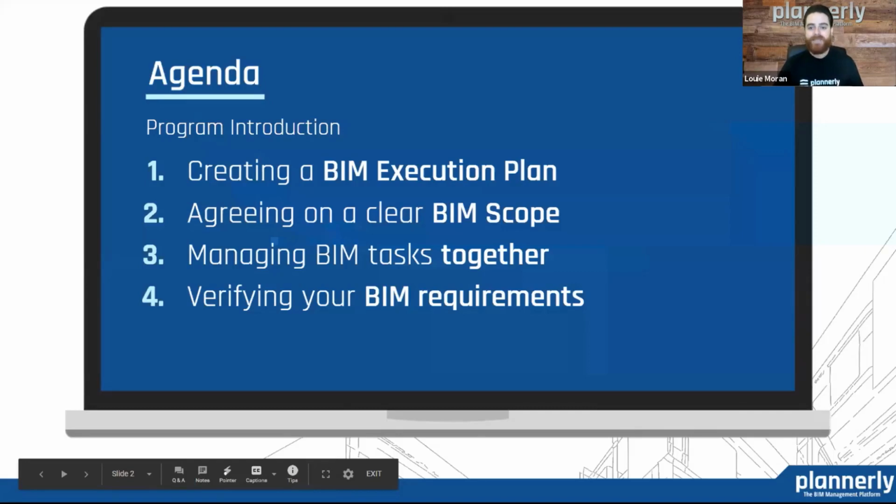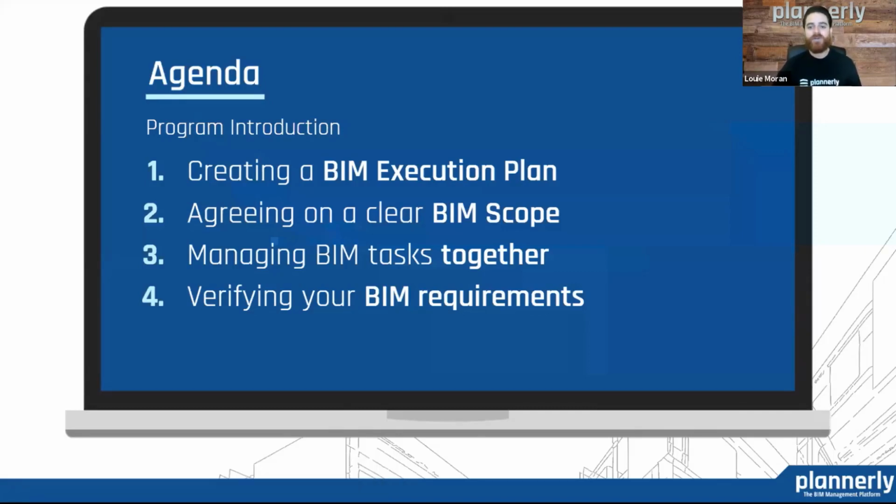So today in the agenda in the masterclass, we'll be going over 4 BIM management processes. The first would be about creating a BIM execution plan, how we would go ahead and do that with a team collaboratively, and how we can agree on that. We also want to agree on the types of scopes that we need for the project.